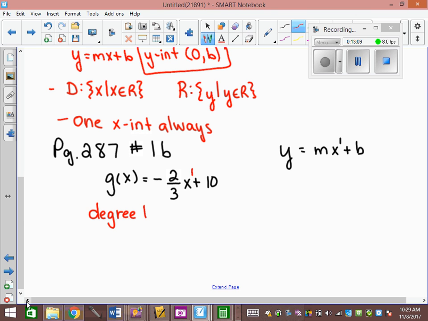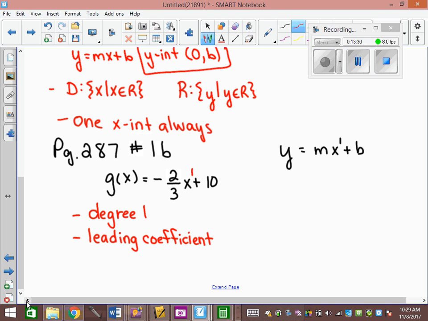It then asks you for the leading coefficient. So it's degree 1. The leading coefficient in this case is the coefficient that leads the equation.